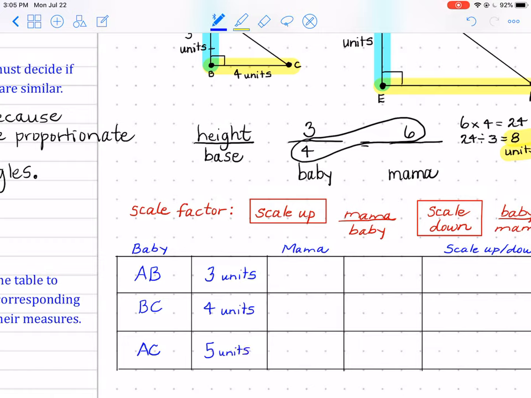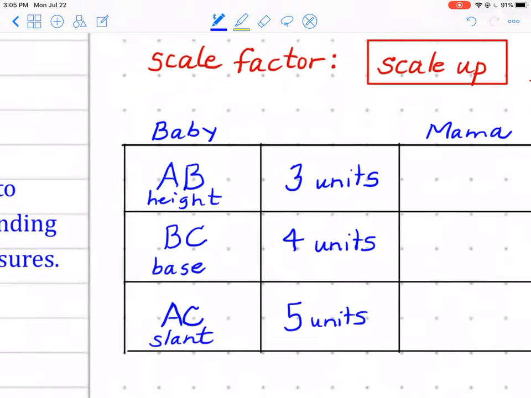And you can even put in here, if you want to, A to B is baby's height. B to C is her base. And A to C, I'm going to call it slant. The proper name is hypotenuse, but we'll just call it slant for now. So those are baby's dimensions.